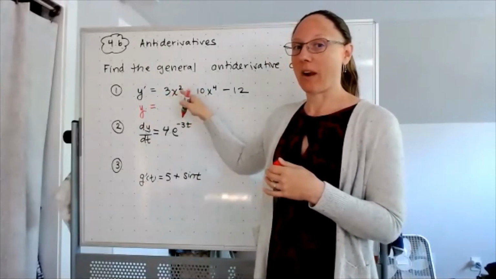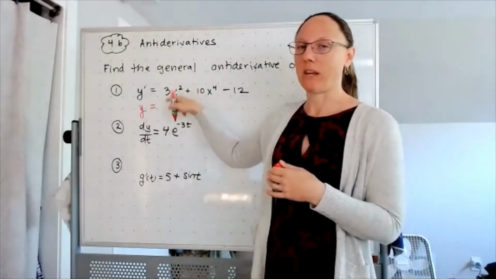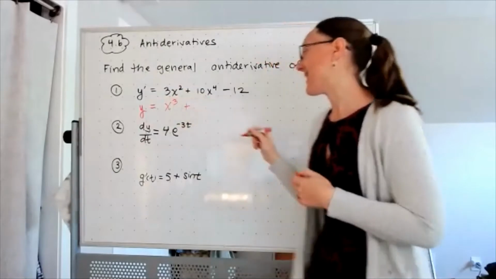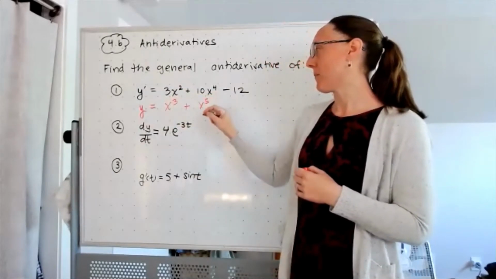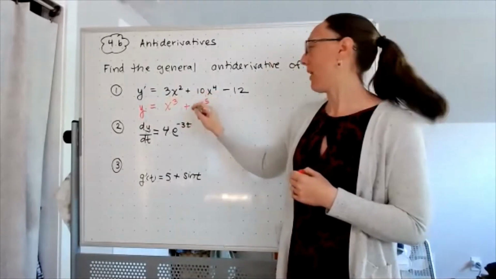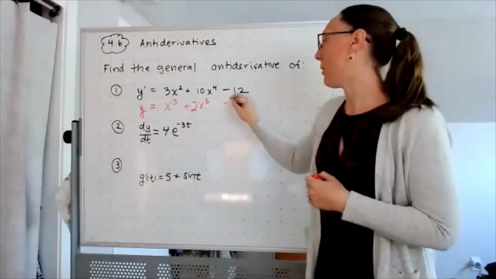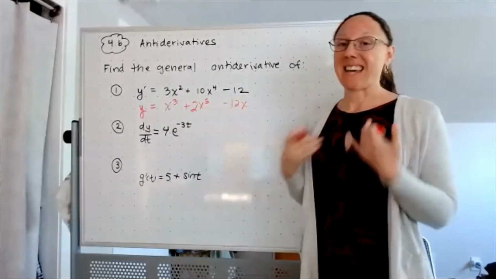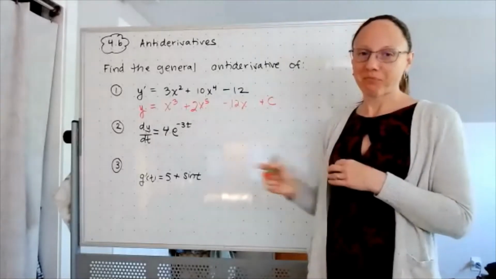So 3x squared is going to become 3x cubed, but when we divide by 3, the 3's will cancel, and I've got x cubed. On this next one, my new exponent is going to be x to the 5th, but when I divide 10 by 5, I'll have 2. And that negative 12 is going to become a negative 12x. And then because I want to get all my points on the test, I'm going to write plus c.